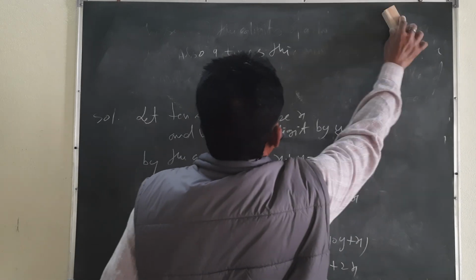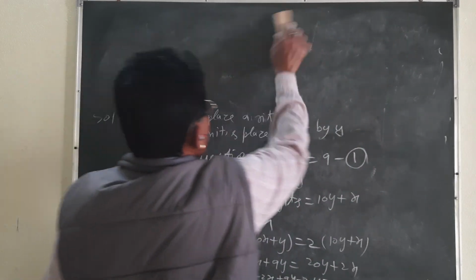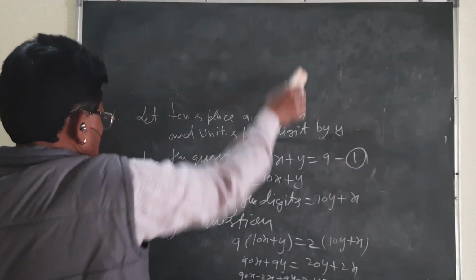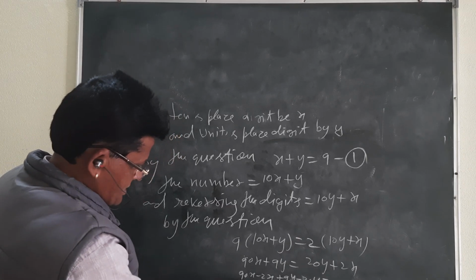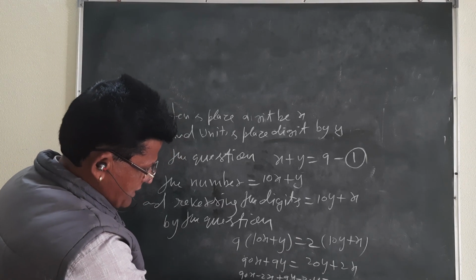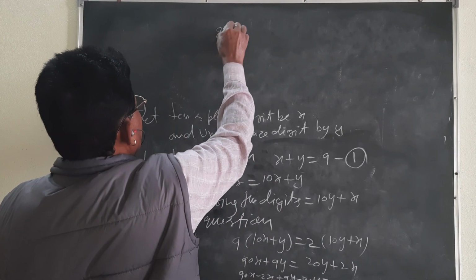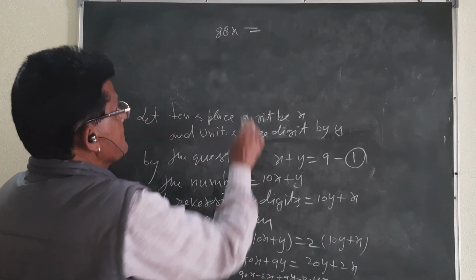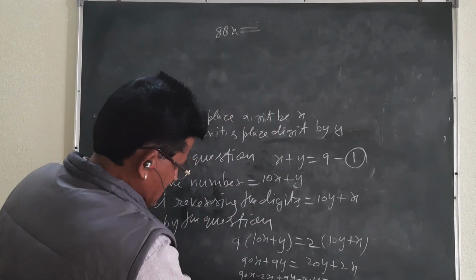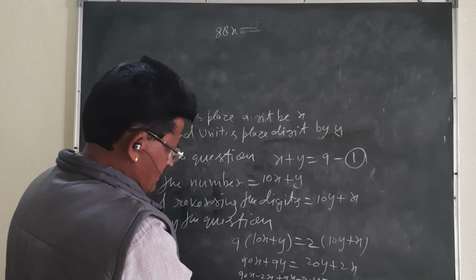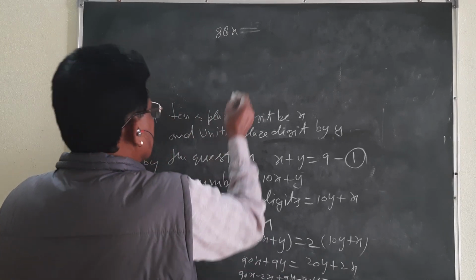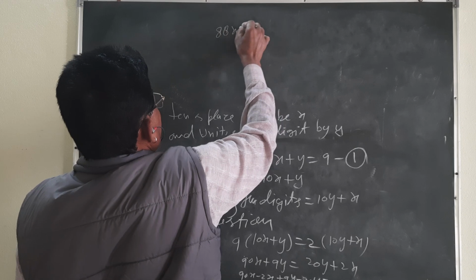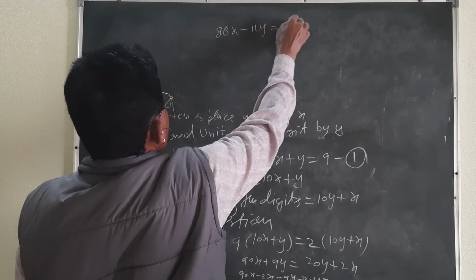We got the two equations now. 90 minus 2 will be 88x, plus 9 minus 20. You see, 9 minus 20 will be minus 11y, equal to 0.